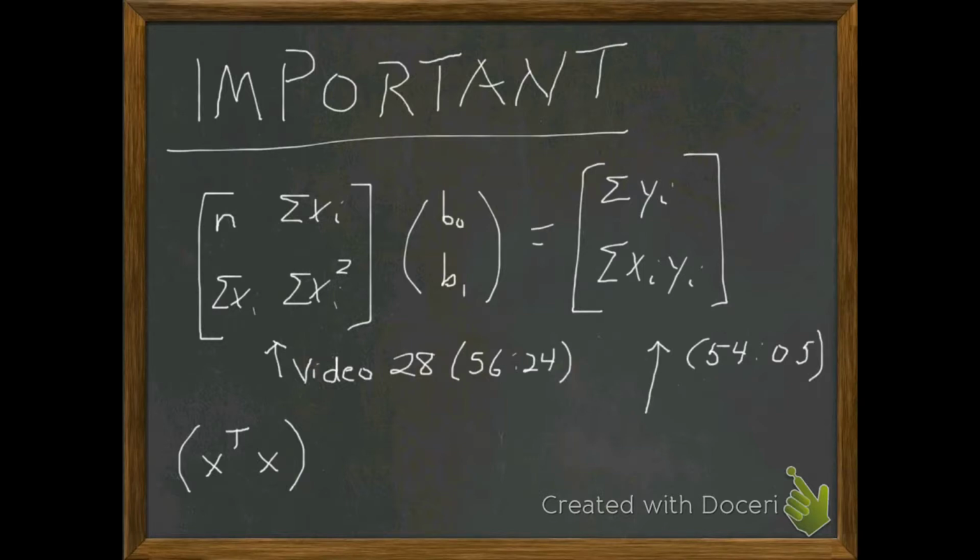All right. So at 54:05, we saw that this matrix was X transpose times the y vector, the response vector. So guys, long story short, what we end up with here is X transpose X times B equals X transpose y.